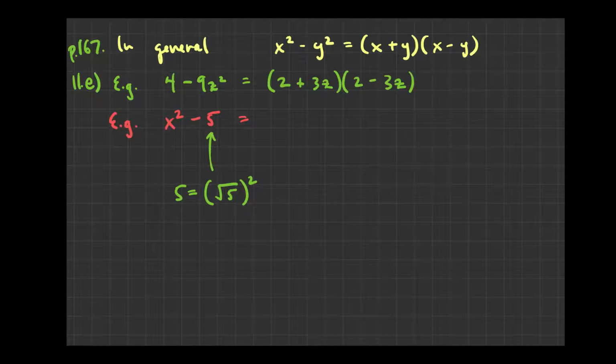So x squared minus 5 we can write as x plus the square root of 5 times x minus the square root of 5. In this case we're not using integers or whole numbers anymore, but we are actually factoring it. So in a pinch, we can force these kinds of problems to work. There are a few more difference of squares problems I'd like us to work on, but I'll leave those for homework.